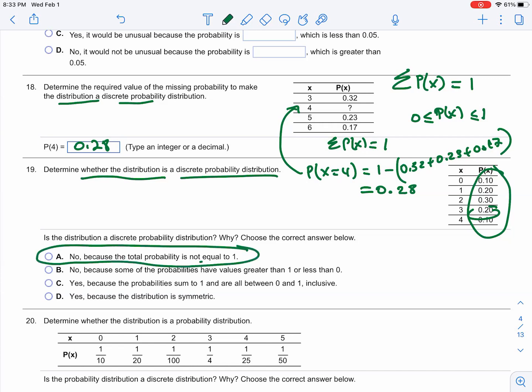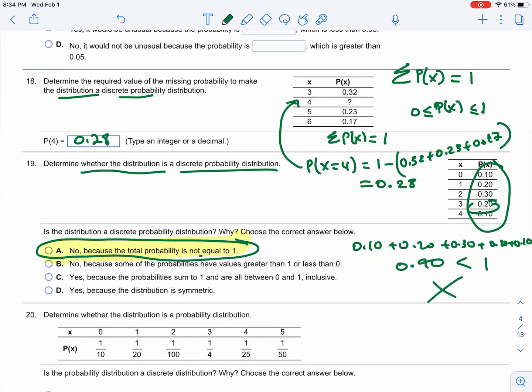It doesn't add up to 1. When you sum all of those, you get something that's less than 1. So it's not a probability distribution.